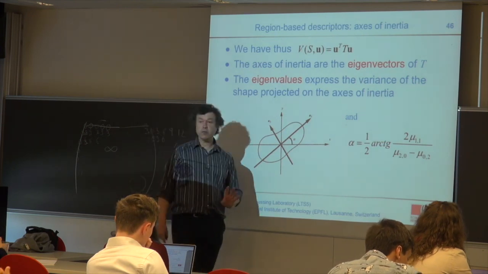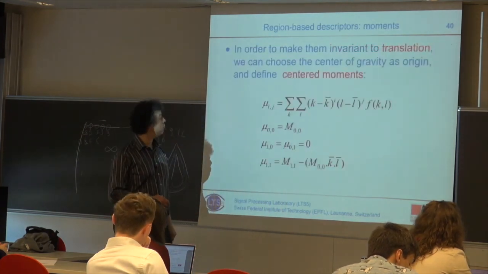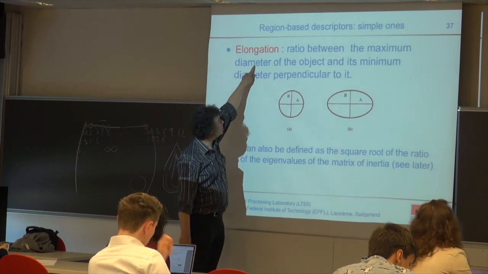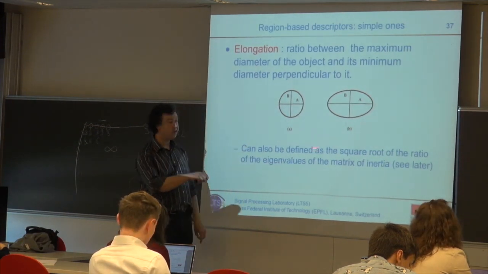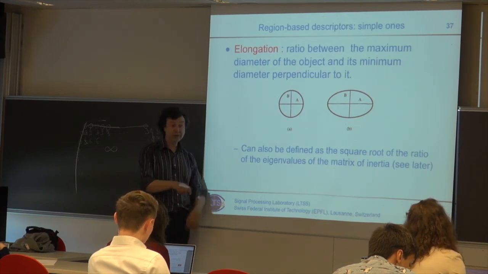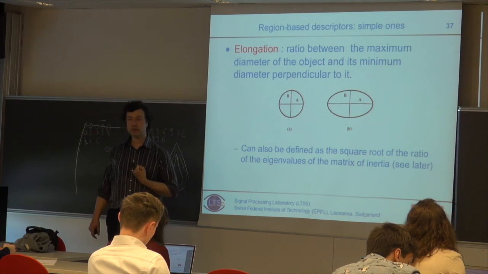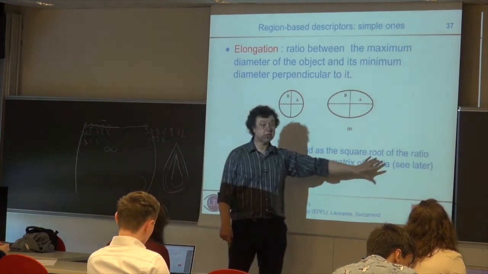Now, if you want to calculate if an object is elongated, I go back to a previous slide that I skipped. Elongation is basically defined by the eigenvalues of the matrix of inertia for the mechanical engineers, covariance matrix for the others. The covariance matrix of an object is the matrix of inertia.